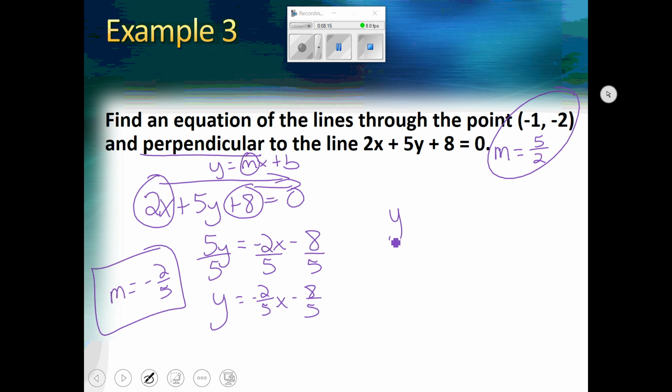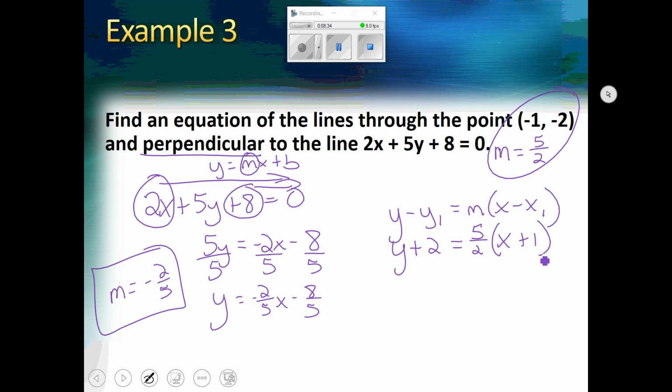So let's go to our point slope formula. And I'm going to plug in a -2, so that's going to make y plus 2, because that's a double negative. And 5/2, this will become x plus 1, because it's a double negative as well.